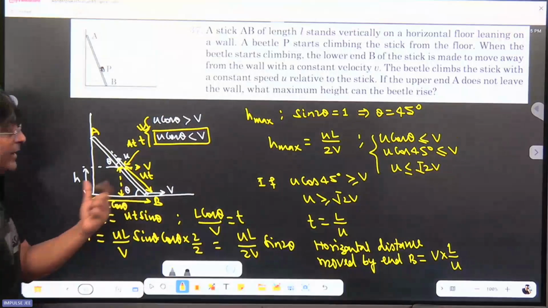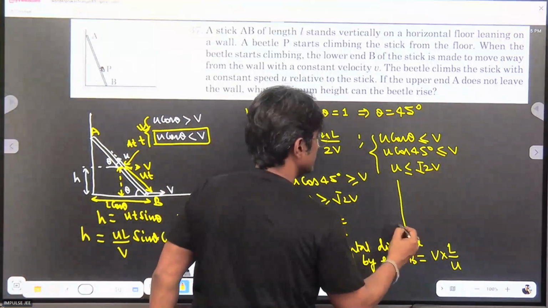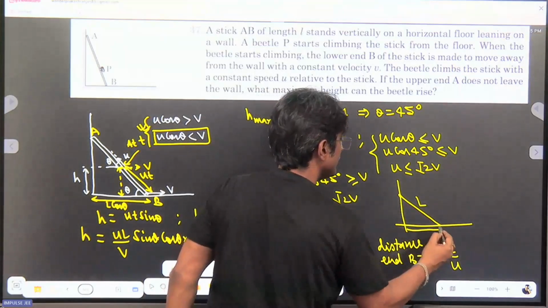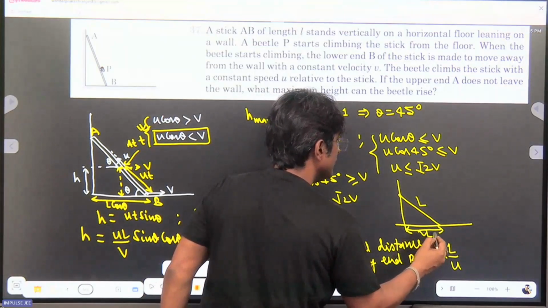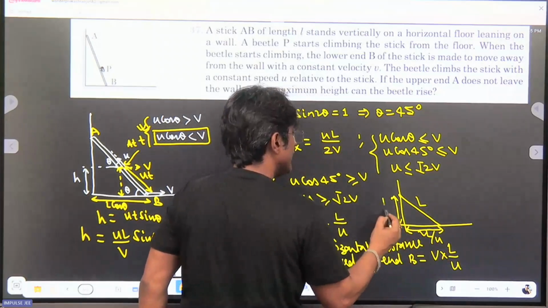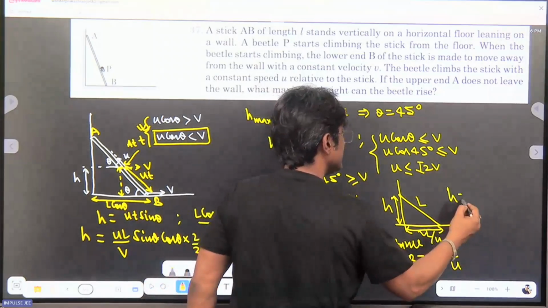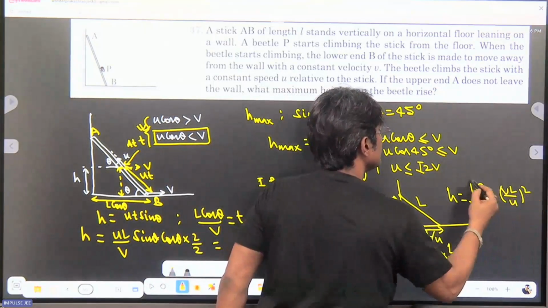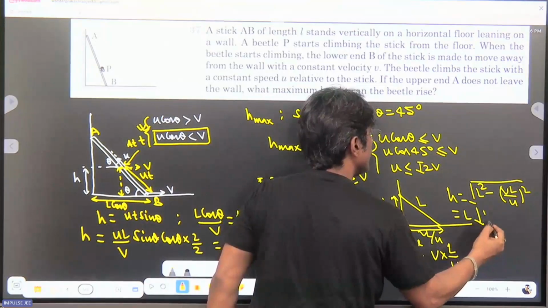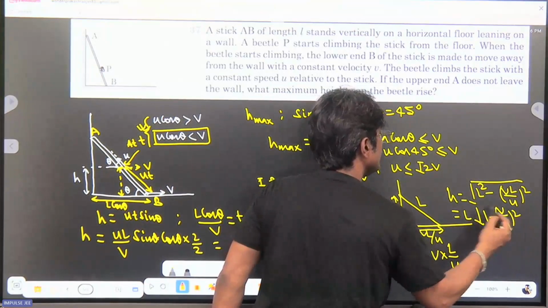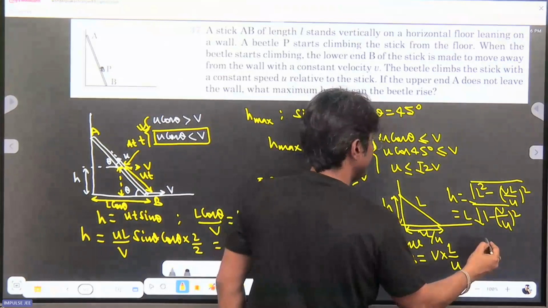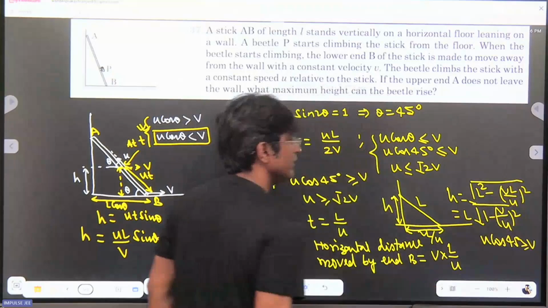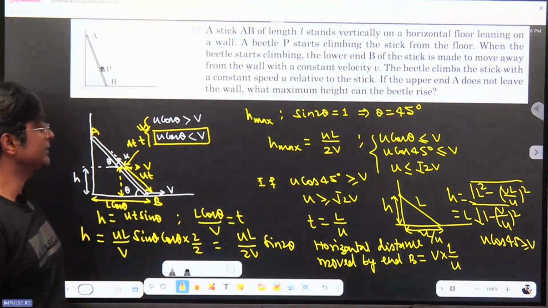So now we have this base, vL by u. So this is the required value H. This H is the square root of L squared minus vL by u squared, which is nothing but, if we take L common, L root of 1 minus v by u squared. This is possible only if u cos 45 is greater than or equal to v. So this is our required case.